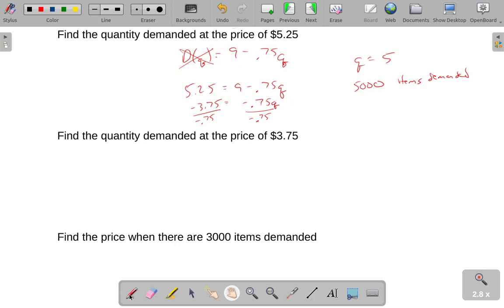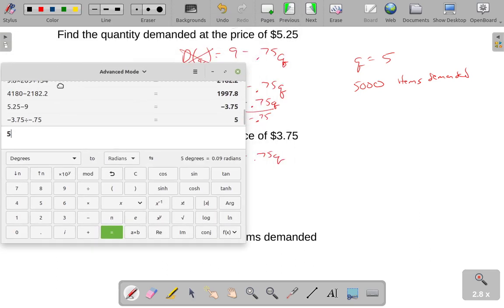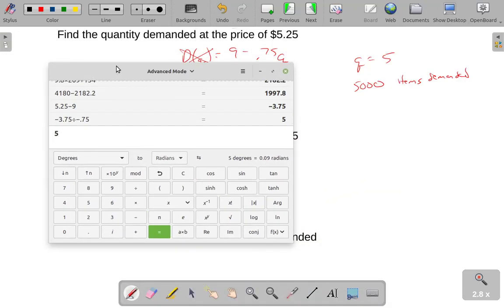Let's find the quantity demanded at a price of $3.75. This is the exact same problem. 3.75 equals 9 minus 0.75Q. I'll do the same sort of steps. 3.75 minus 9 gives us negative 5.25, divided by negative 0.75.